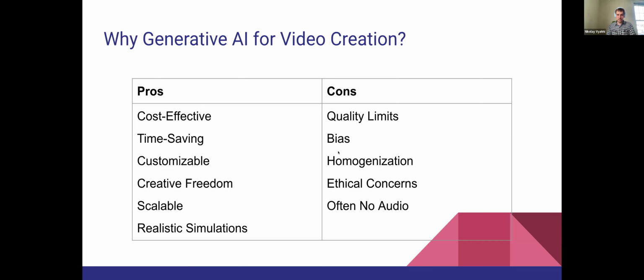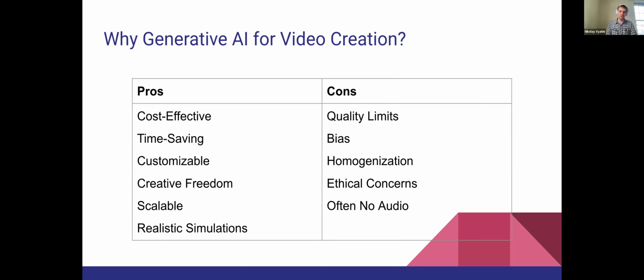One more con is bias. Since video models are trained on data, there are some biases in the data. And we will talk a little bit about it later also. But you are biased usually by what exists in the world, and it may be an issue if you do not prompt your video model well.